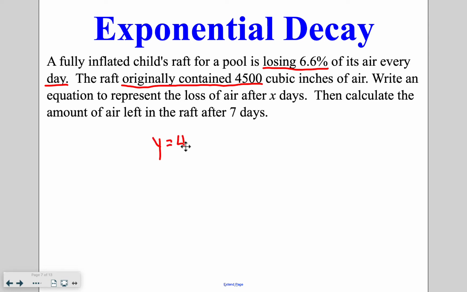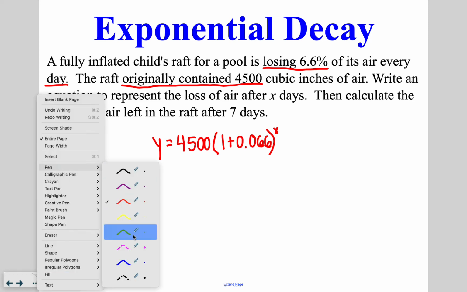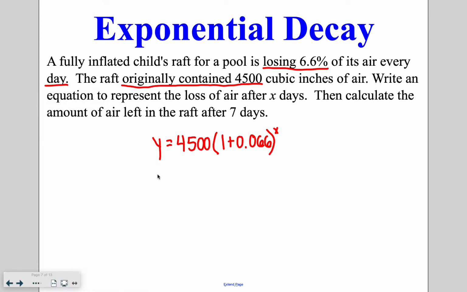So y equals 4,500 times 1 to stand for 100% minus 0.066, that percent turned into a decimal, to the x power. Then it is asking us to calculate after 7 days. So I'm going to take that same equation and I'm going to plug the exponent in as 7.